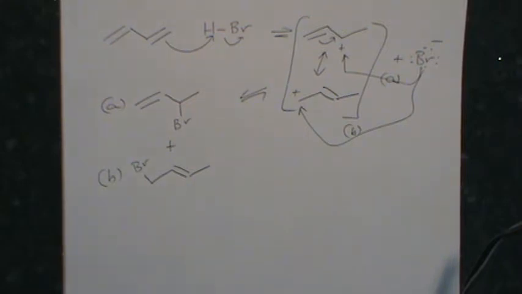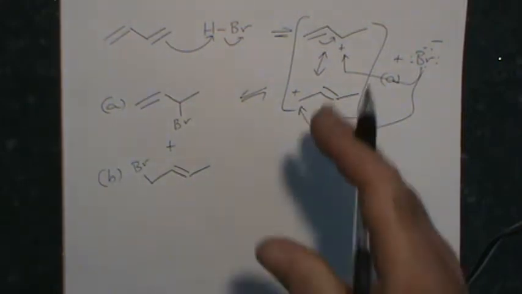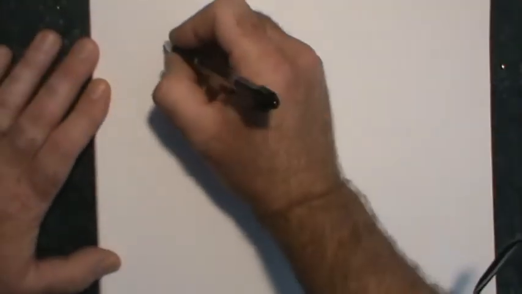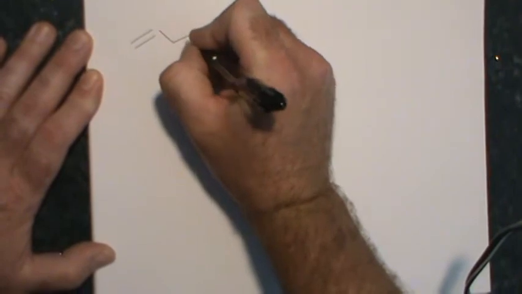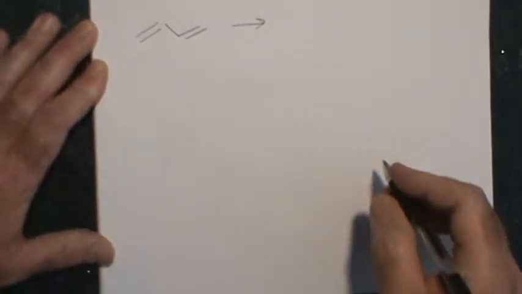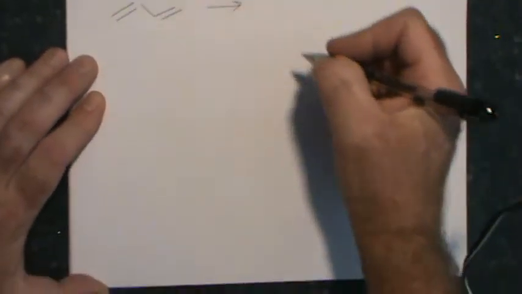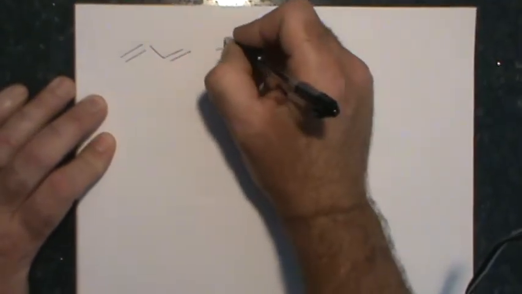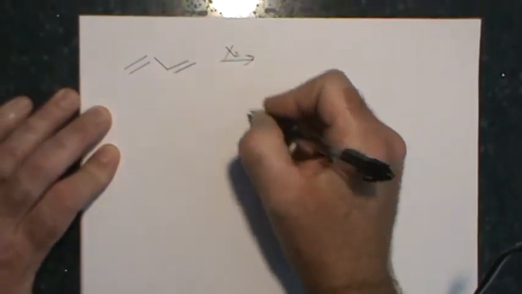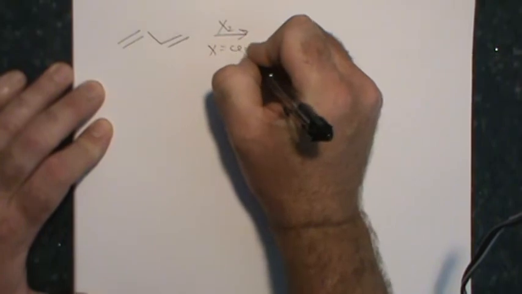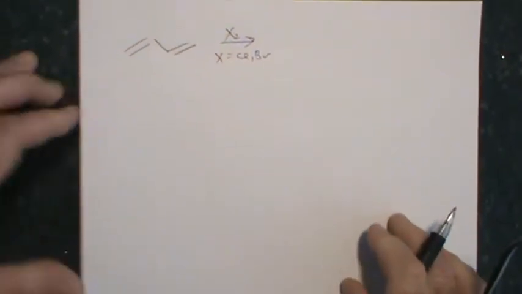There are other chemistries which are also impacted by conjugation. Let's take a look at another one. Another reaction would be halogenation. This is a reaction of alkenes. We know that we can halogenate with molecular halogen, where X is either chlorine or bromine.